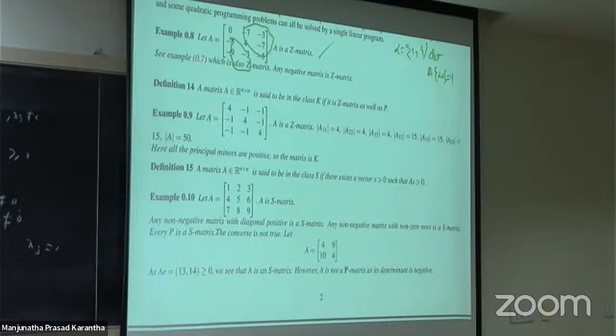Now, Z matrix. If you see this matrix A, is it a P matrix? Can you find out whether it is a P matrix? Diagonal elements are positive.